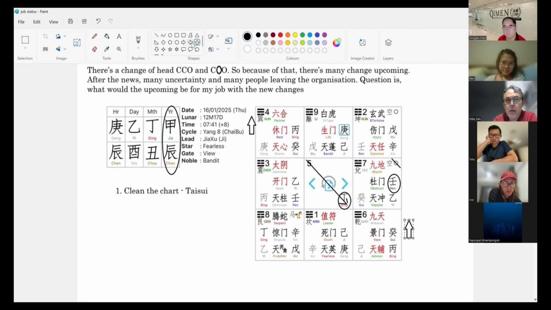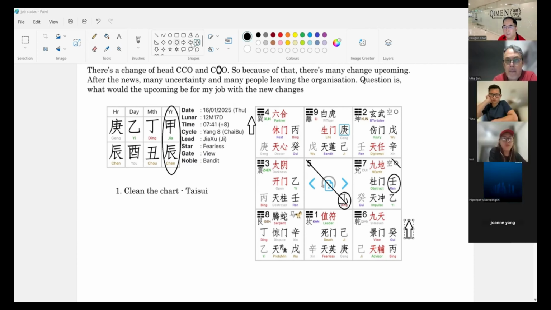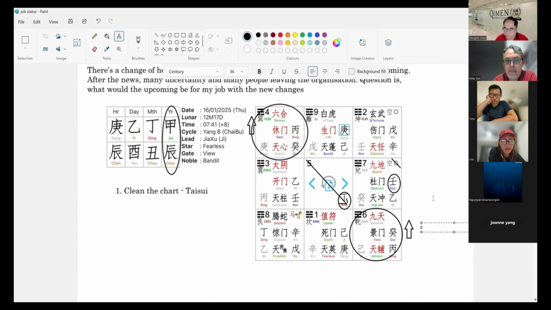Based on concept, box 4 and box 6 both increase in energy. How much percent? I will take this as 200%, and here is also 200%. Theory-wise, there's a double in energy.